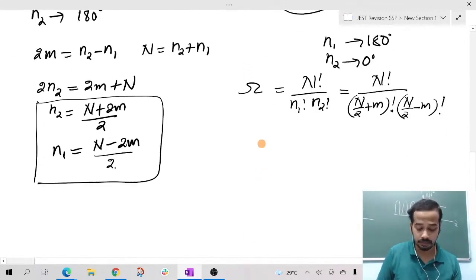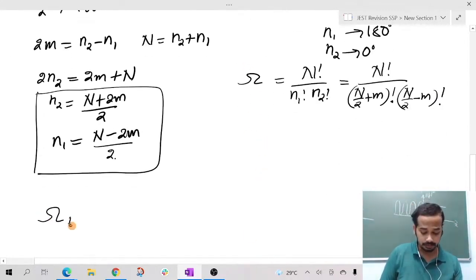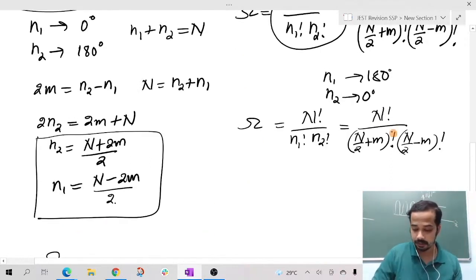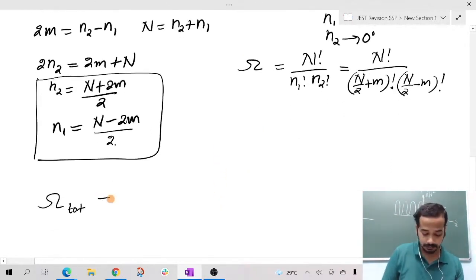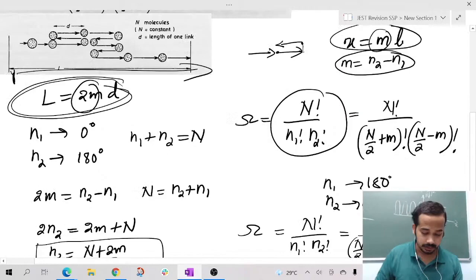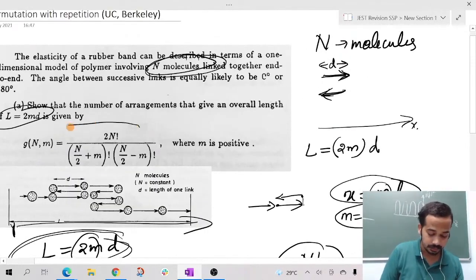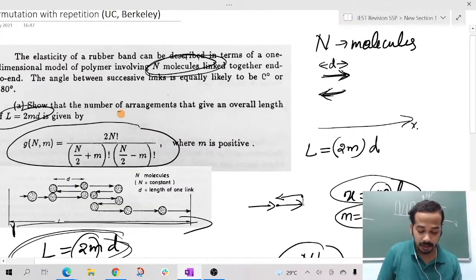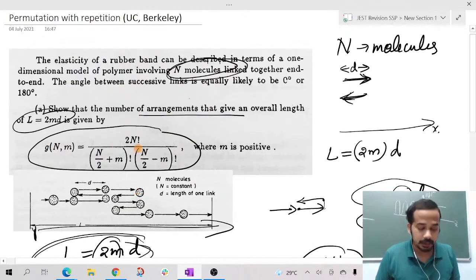To get the total number of possible ways, you need to add together, that will be 2 times n factorial divided by n by 2 plus m factorial, n by 2 minus m factorial. So that's what he was asking us to prove here. Show that the number of arrangements that gives overall length L equal to 2md is given by this one.